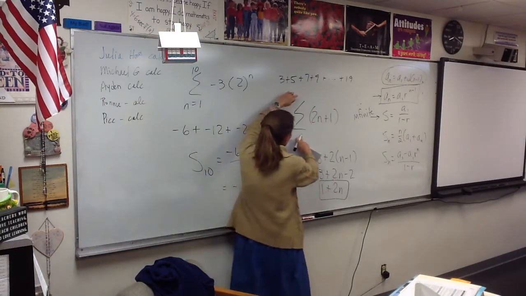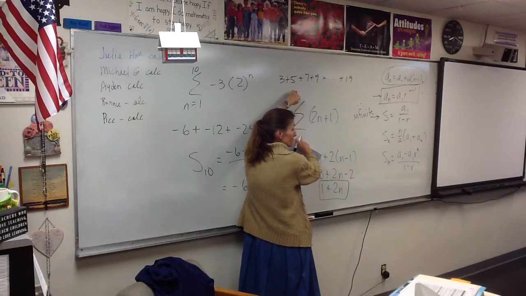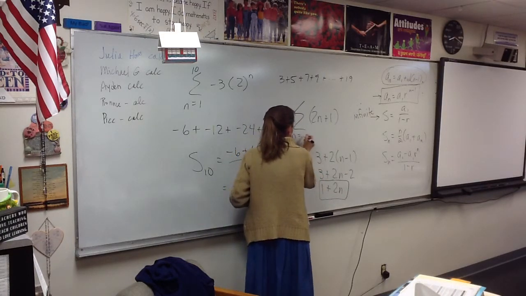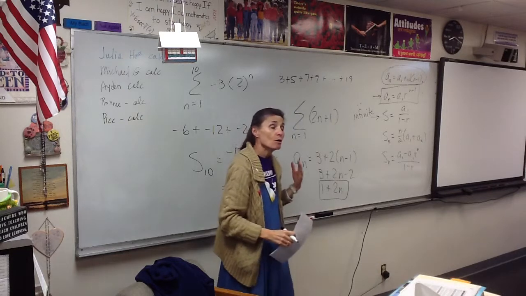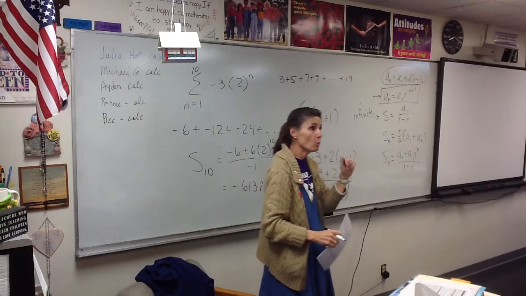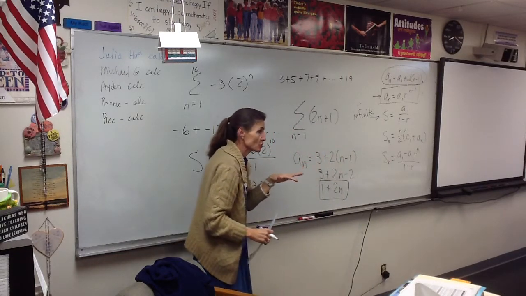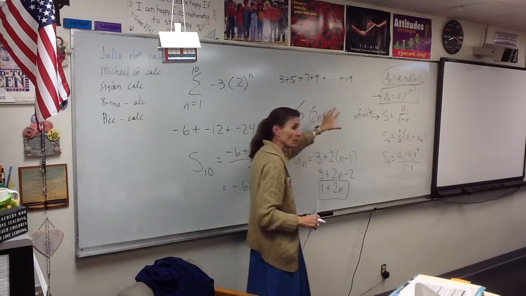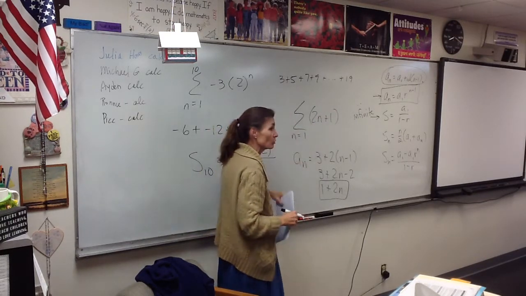Now, what do you want to put here and here? N equals 1. Let's start with 1. You do not have to start with 1, but it is easiest to start with 1, otherwise you have to mess with this and you really don't want to. So we're going to start with 1.